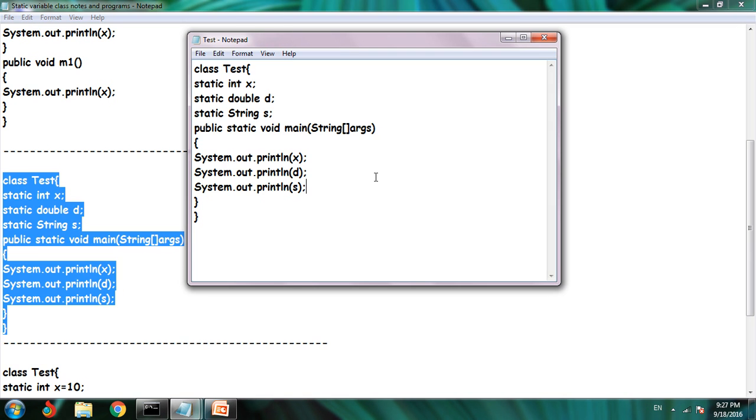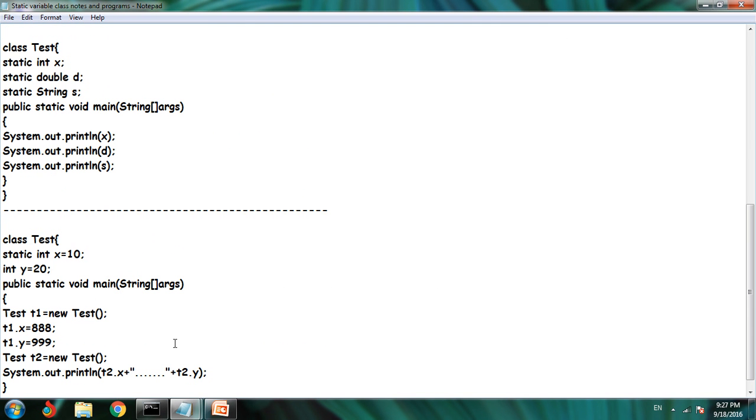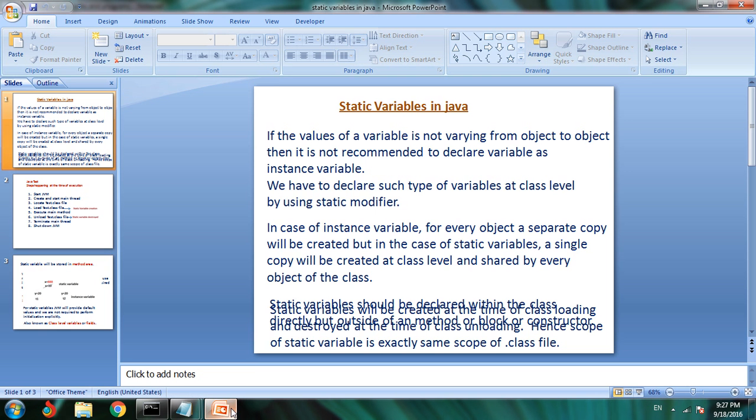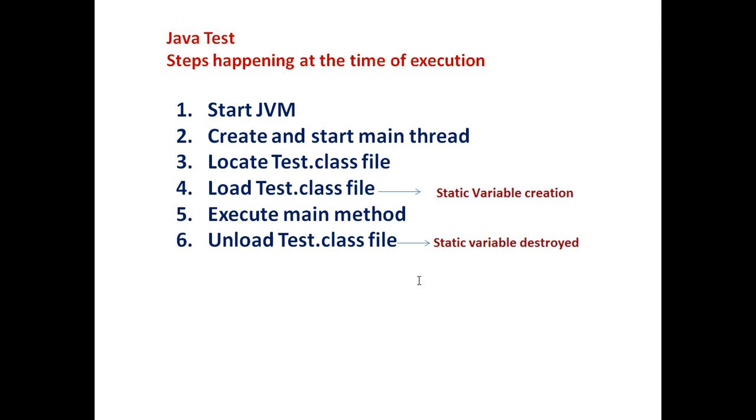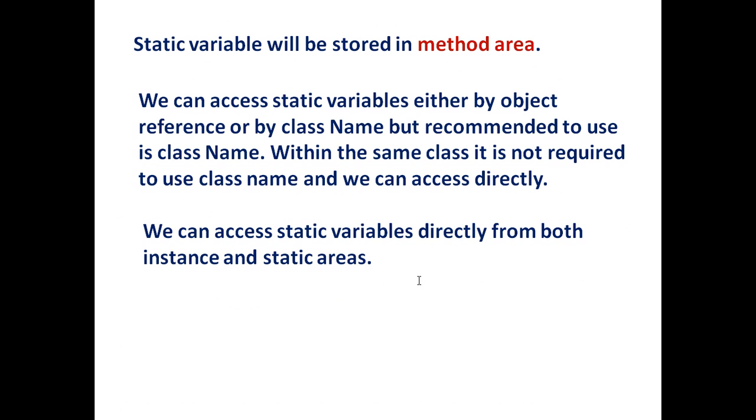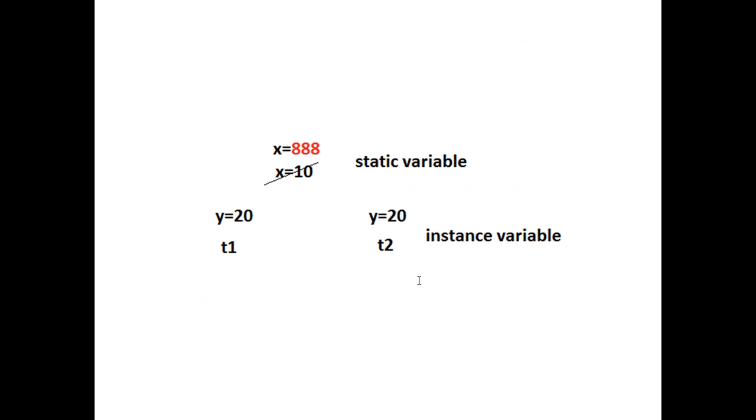Now the last point, this point we haven't discussed. Also it's an easy one. Let me quickly go through the slide. Here I have created an object t1, and y equals 20 over here and x equals 10 for this one. Now using t1 I changed the value to 888 from 10, right?